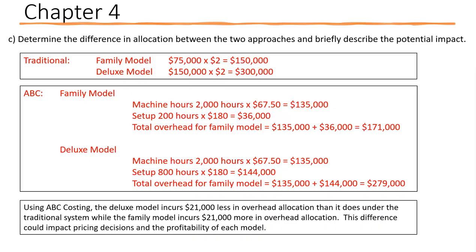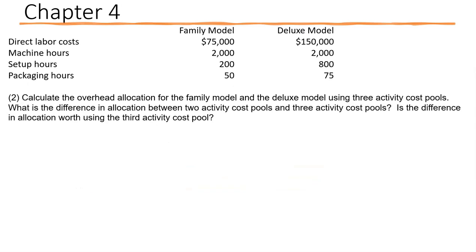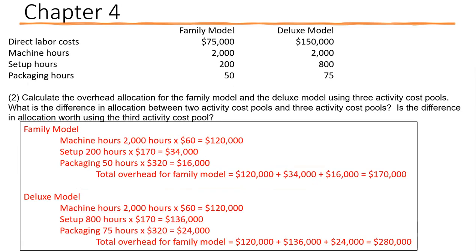So we just moved $1,000 from the family model to the deluxe model. In my perspective, we've introduced a lot more complexity by having that 3rd cost pool. We have another activity to manage and track in packaging hours, and it doesn't really give us better data necessarily. That $1,000 plus or minus isn't probably going to make a big difference in any decisions we make.